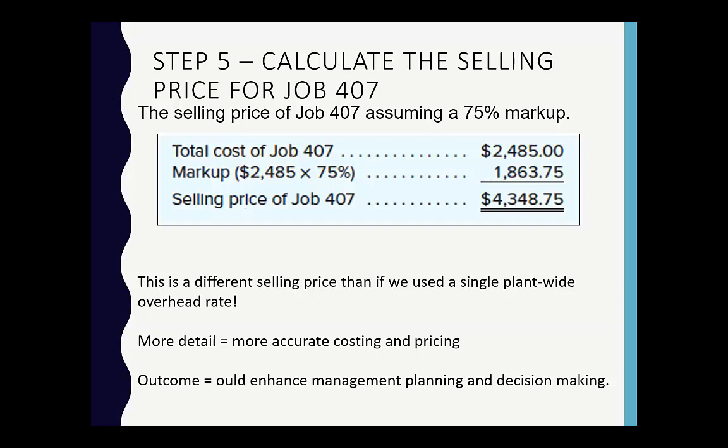So it's a more accurate margin for us. And the outcome is that this could enhance management planning and decision making, which is really important in cases like this. So that is the end of chapter 2.